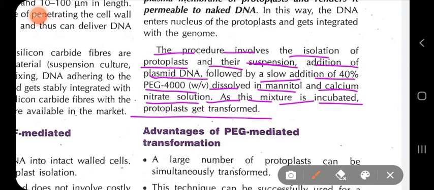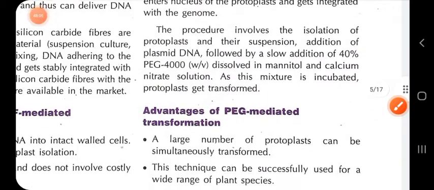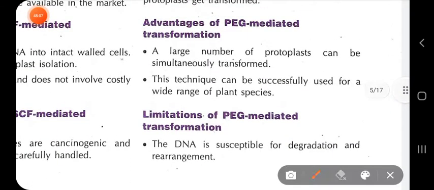That polyethylene glycol is dissolved in mannitol, or you can use sorbitol also, for maintaining the osmolarity, and calcium nitrate is used. As this mixture is incubated for a certain time, your protoplast get transformed with our target DNA. Advantage: a large number of protoplasts can be transformed with this technique. That's why protoplast mediated transformation can be done with polyethylene glycol mediated gene transfer.